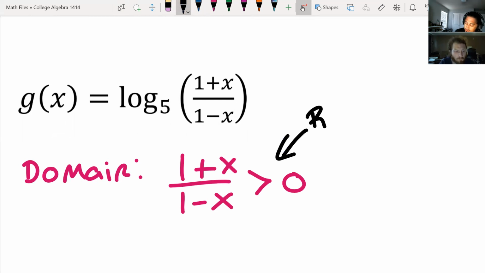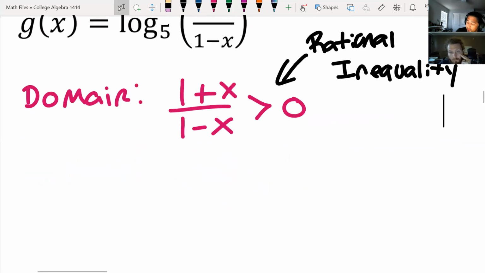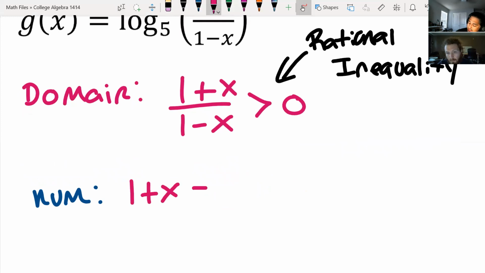This is now going to be a rational inequality, which means in order to solve it, we need to find x values from the numerator and the denominator, and then plot them on a number line to see what's going to work. Numerator, which is 1 plus x, set it equal to 0, and x will equal -1. There's our first value.